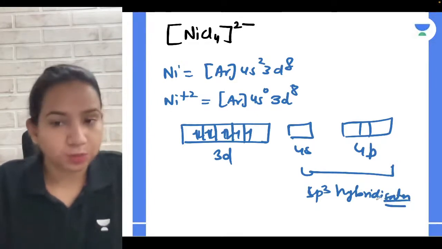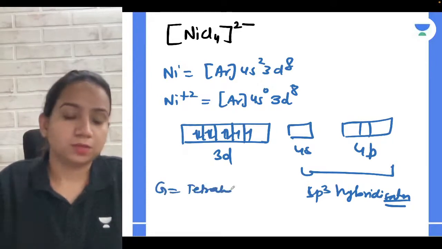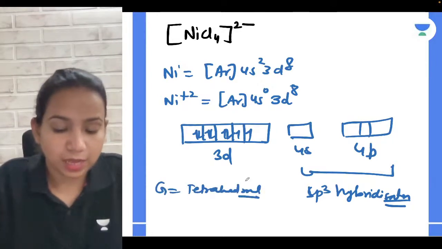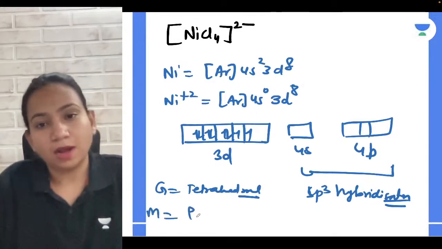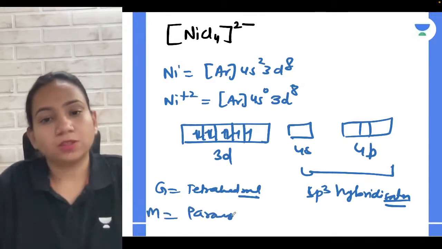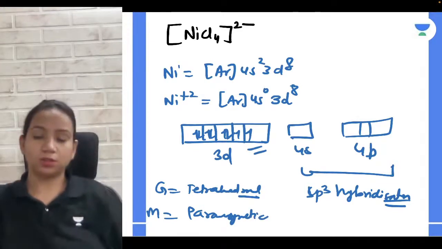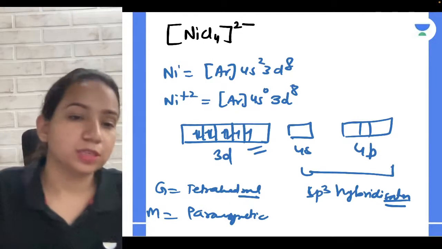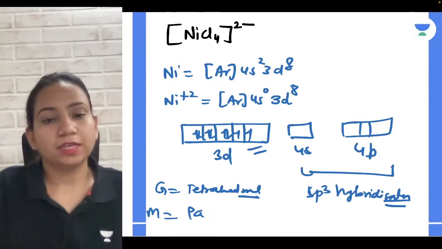Geometry will be tetrahedral. And the magnetic character will be paramagnetic because there is an unpaired electron. I hope everyone is able to relate with it. Tell me guys, yes or no?